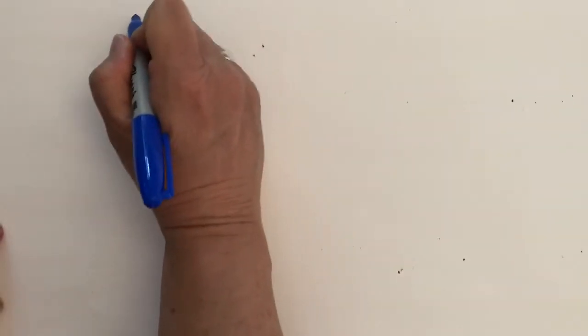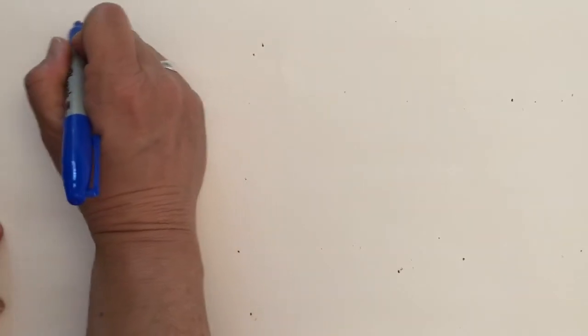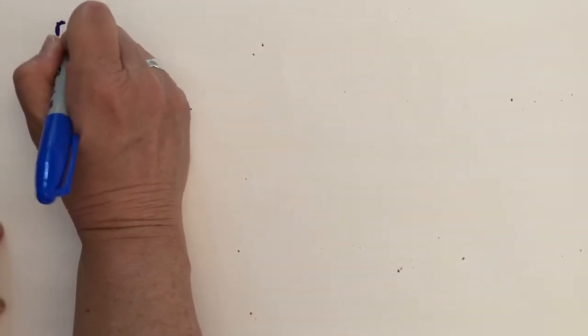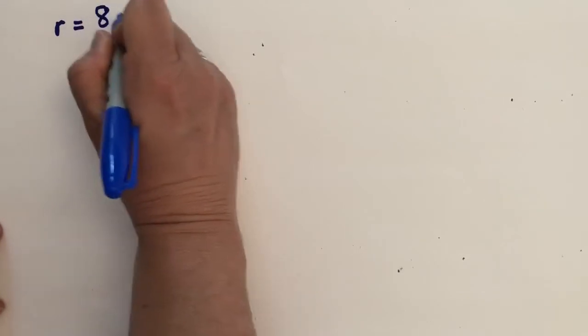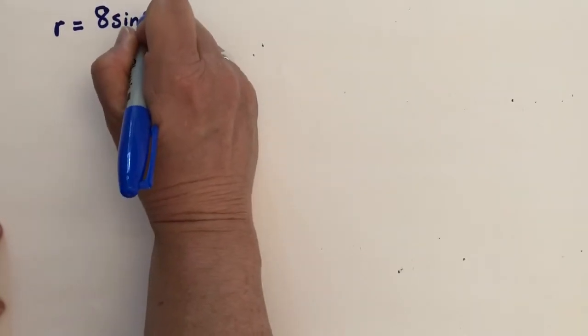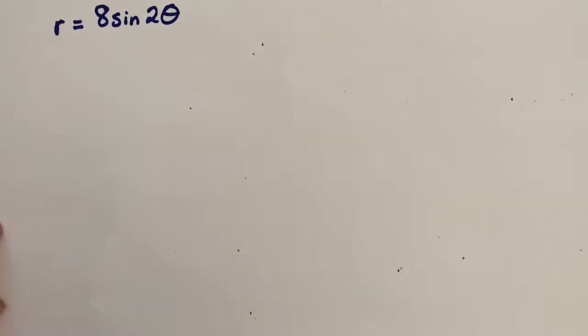Let me move the computer out of the way here. And let's start with r equals 8 sine 2 theta. Now we want to come up with the graph for this.